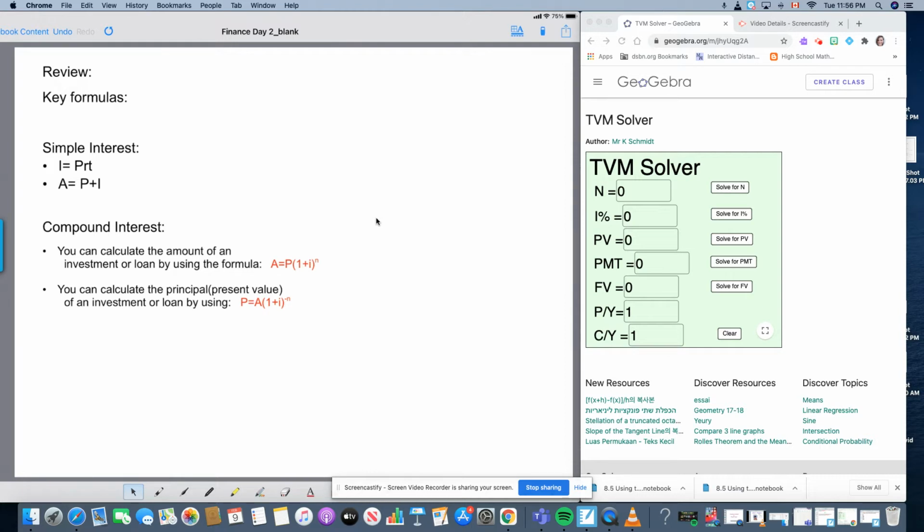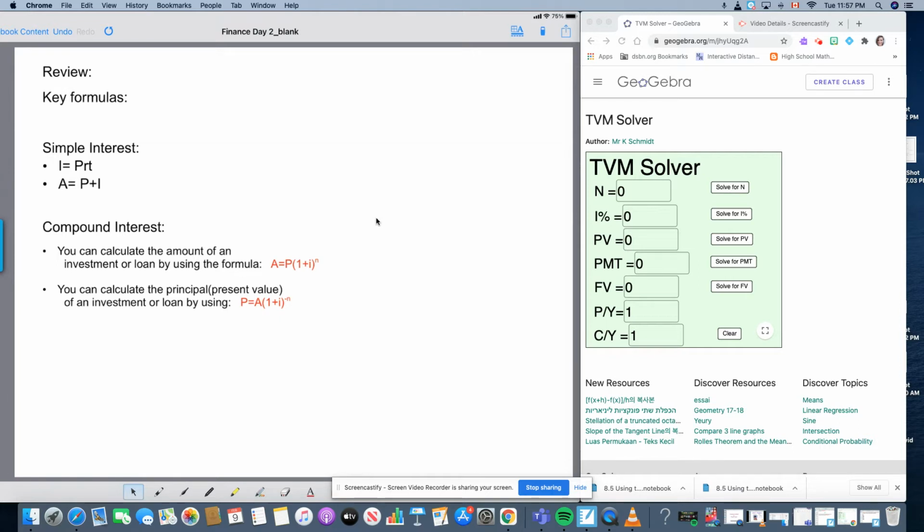So that's the number of years times the compounding interest rate. The second formula you use in order to find how much was initially invested. The first formula in compound interest is you're finding out what the principal plus the interest is. The second one is if you have the total amount and you're trying to figure out how much you invested initially.